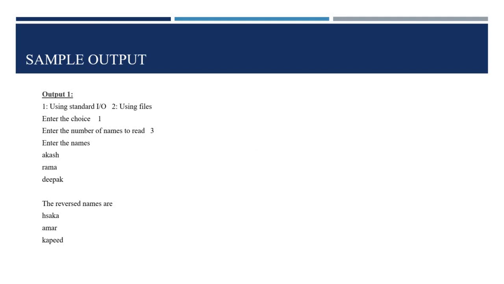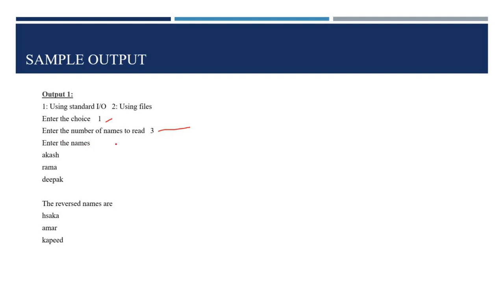After that, once you compile the program, one sample output is that the user is asked for the choice, using standard or using files. The user enters choice number 1. Then the question to the user is, enter the number of names to be read. The user has specified 3.